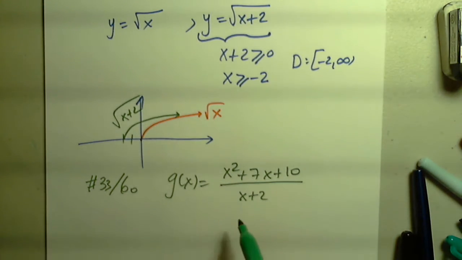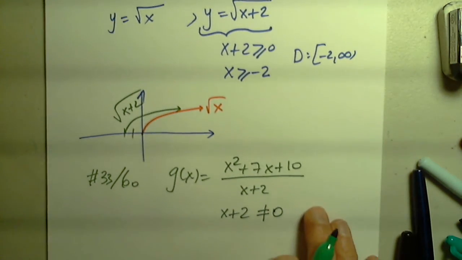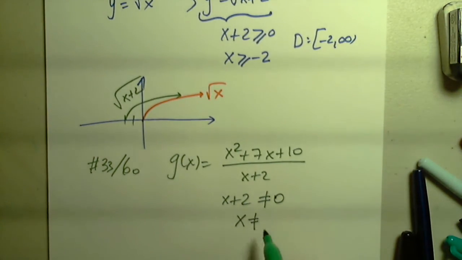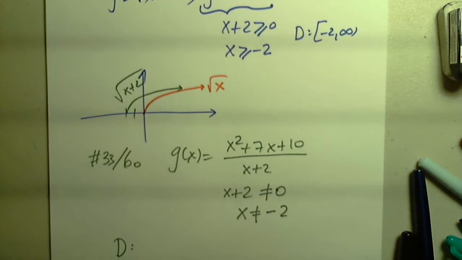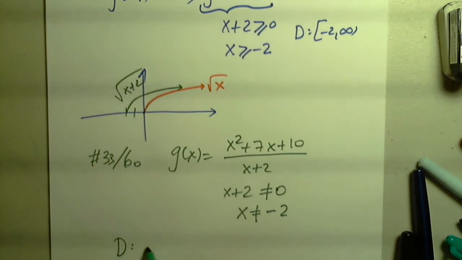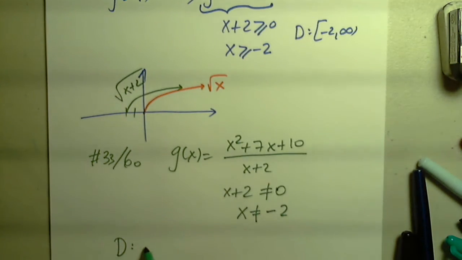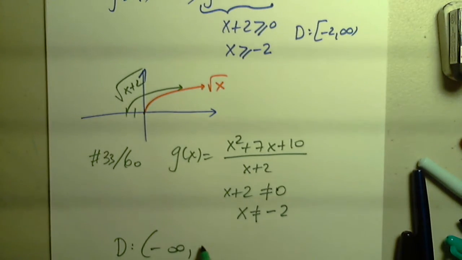So you said x plus 2 cannot equal 0. Exactly. So then x cannot equal? Minus 2. Okay, very good. So now the domain will be from minus infinity to -2.